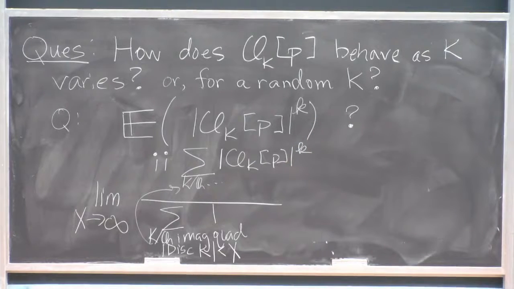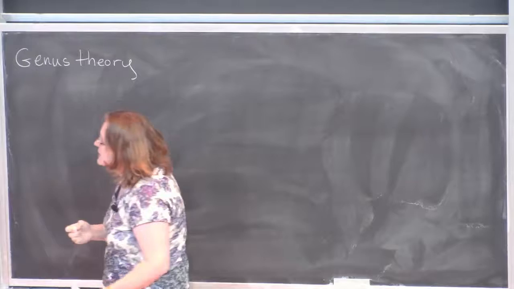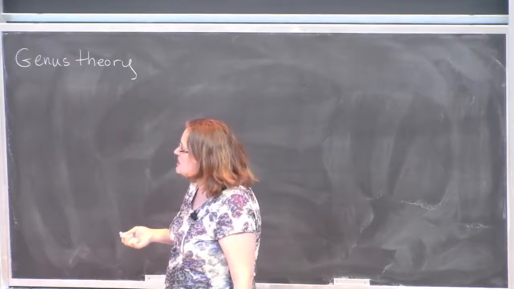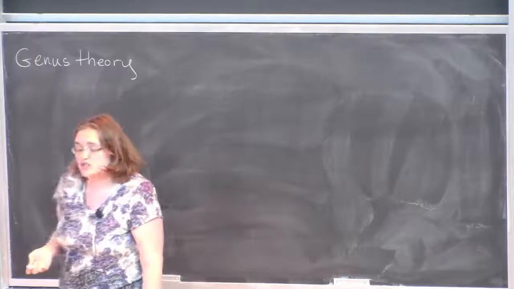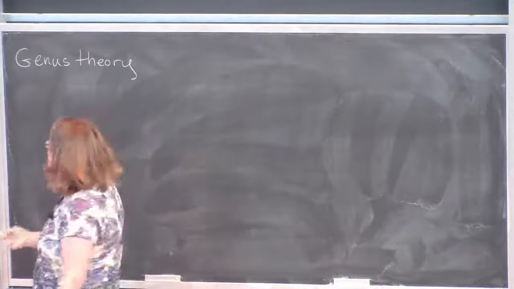Okay, so, well, there's a couple of things we know about this question, and so one of them is that genus theory tells us actually we can understand the two-torsion in class groups very explicitly.